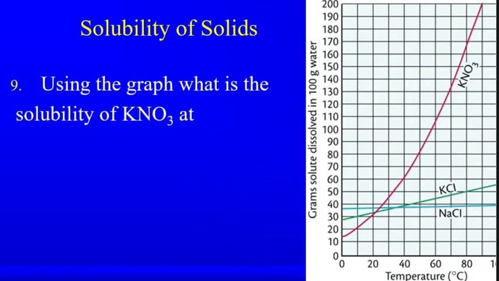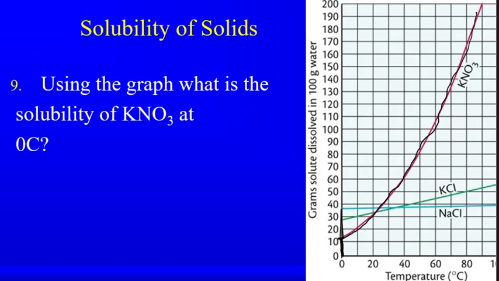And yes, I know the notes already have the answers, so let's make sure we understand why those are the answers. Okay, so KNO3 is this line right here, right? Potassium nitrate. If I had taught this to you 4 weeks ago, you would have said KNO3. But now you know it's potassium nitrate. At 0, how much can you hold there?